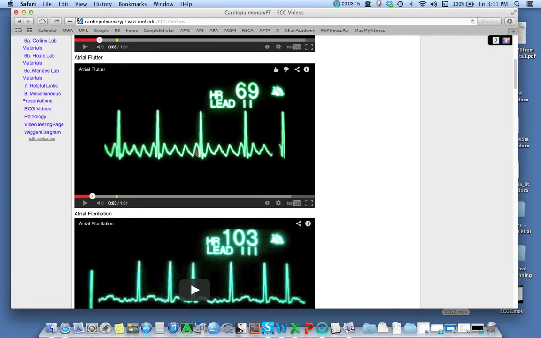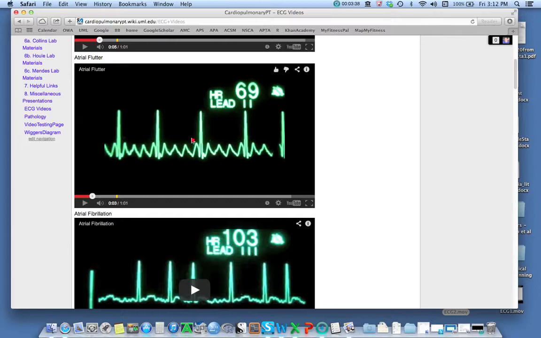People will say it's atrial flutter with a certain ratio of flutter waves to QRS complexes. This is a 4-to-1 ratio of flutter to QRS. We've got 1, 2, 3, 4 flutter waves. The flutter waves make it difficult to discern whether there's any T wave.